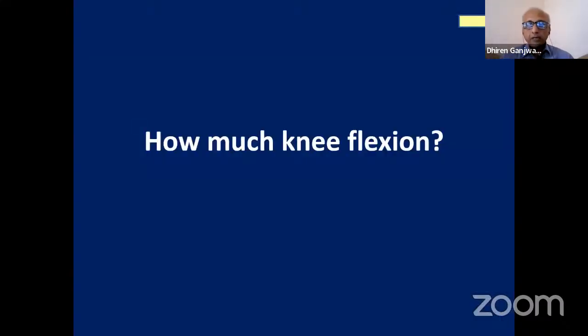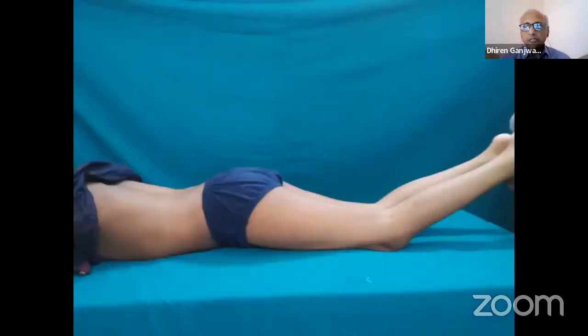Now I would like to ask two questions. The first question is, how much should the knee be flexed in the prone rectus test? I ask this based on the following three figures. This is the starting position, with the knee almost extended, and the hip is normal.